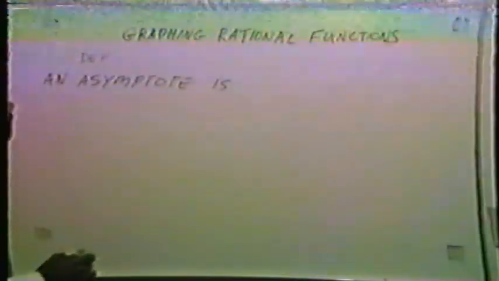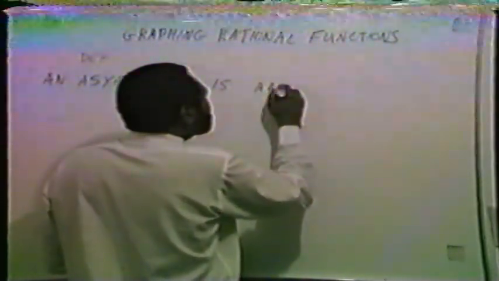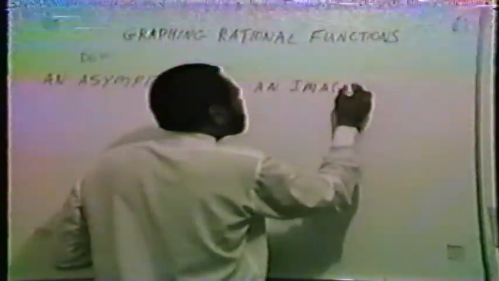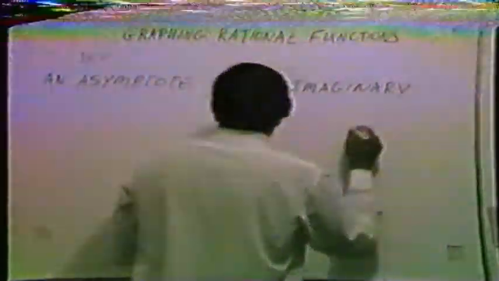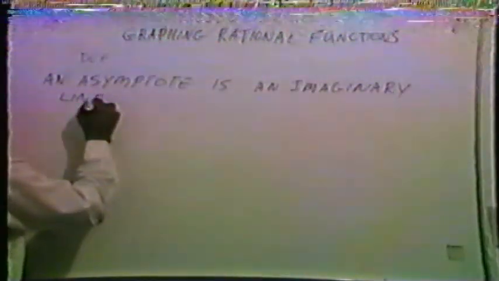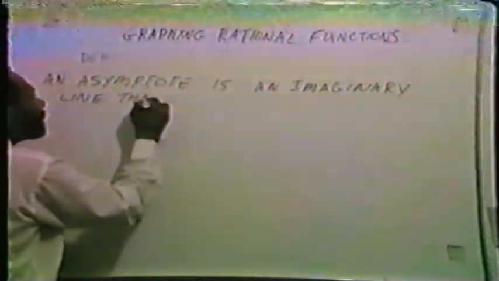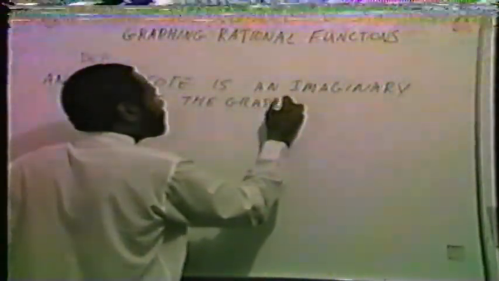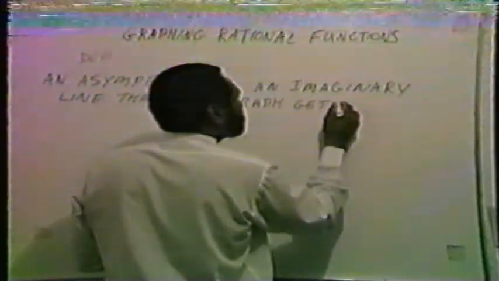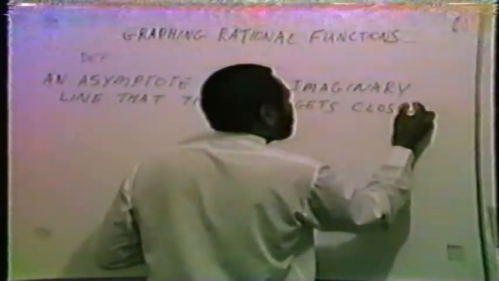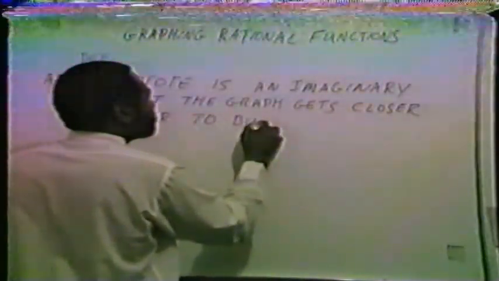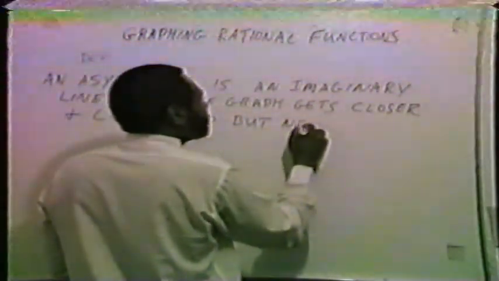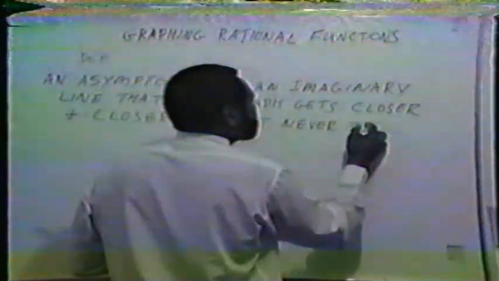An asymptote is an imaginary line that the graph gets closer and closer to, but never intersects.